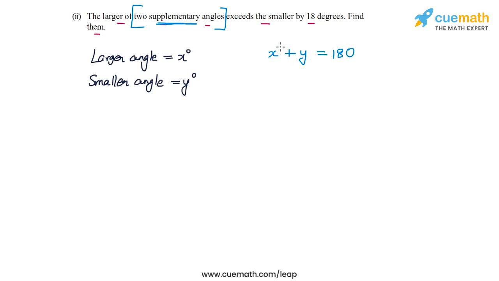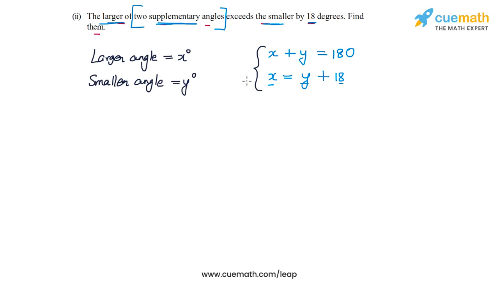The second thing that this problem statement tells us is that the larger of these angles exceeds the smaller by 18 degrees, which means I can write x is equal to y plus 18, because the larger angle is larger than the smaller by 18 degrees. So these are the two equations that model the given situation.